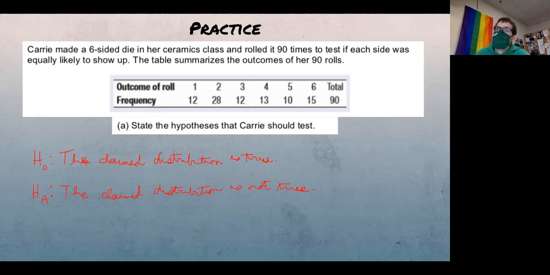Yeah, so essentially they should all roll the same amount in the long run, right? So each number, so here's the claim, is that each one of them should roll 1/6 of the time.